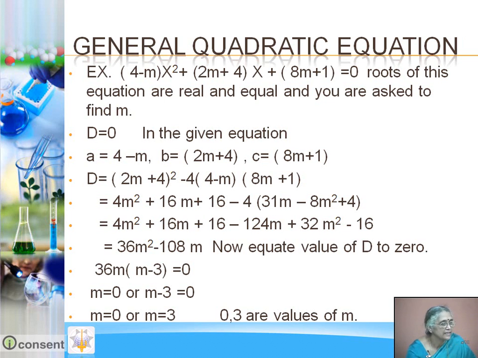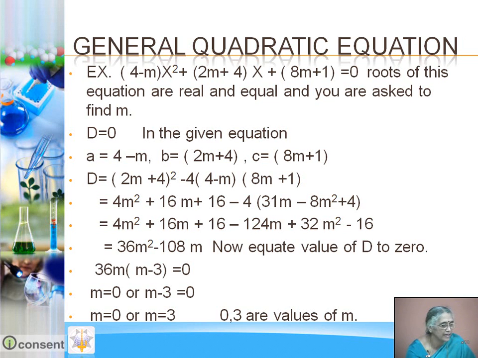Coefficient of x square, that is a, is equal to 4 minus m. Value of b is equal to twice m plus 4 and value of c is equal to 8m plus 1. Substituting these values in b square minus 4ac, we get 4m square plus 16m plus 16 minus 4 into bracket 31m minus 8m square plus 4.